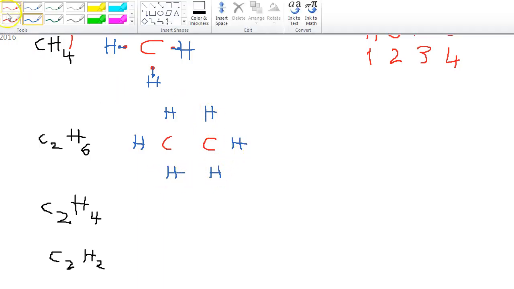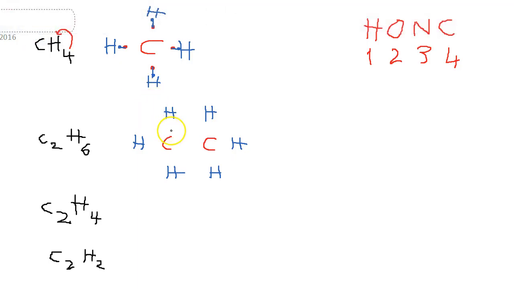So again, C can have 4 bonds, so you go C, 1, 2, 3, and then the fourth one is the bond with the other C. Each of these H, like we talked about before, can have 1 bond, so that's good.